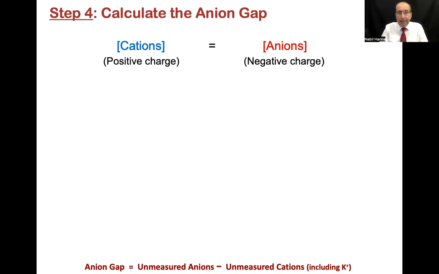Because, as we are going to discuss shortly, we have two types of metabolic acidosis. One type elevates and increases the anion gap, and the other type does not result in elevated anion gap. So let's start the discussion from its very beginning, and let me use the whiteboard for that.